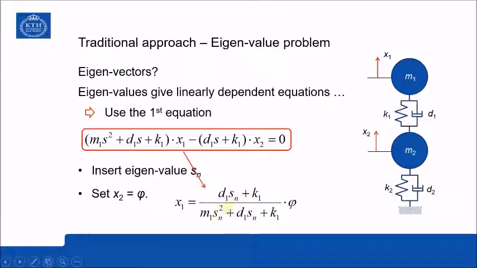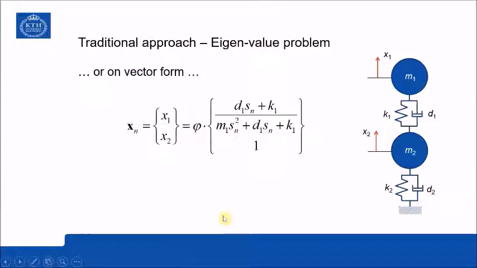And S here, of course, is the pole. So if we put this on vector form, we have the eigenvector xn equal to this factor phi times a vector with the first component equal to x1 and the second component equal to 1.